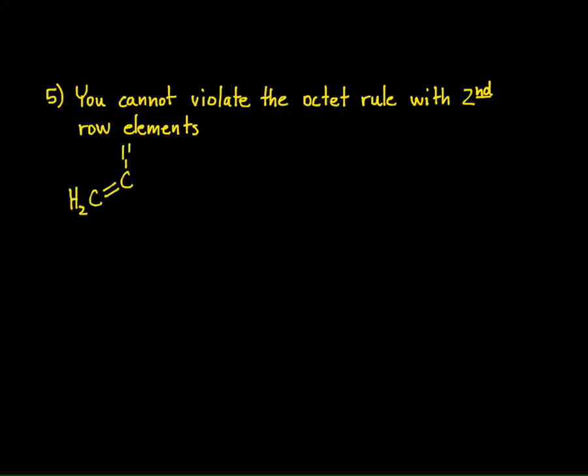So if I take a look at this structure, so this is propene, and I think about all of the examples that we've looked at in this video, and I say, oh, I have a double bond there. Okay, it's connected to a single bond, so I can simply move that pair of electrons to the single bond, right?